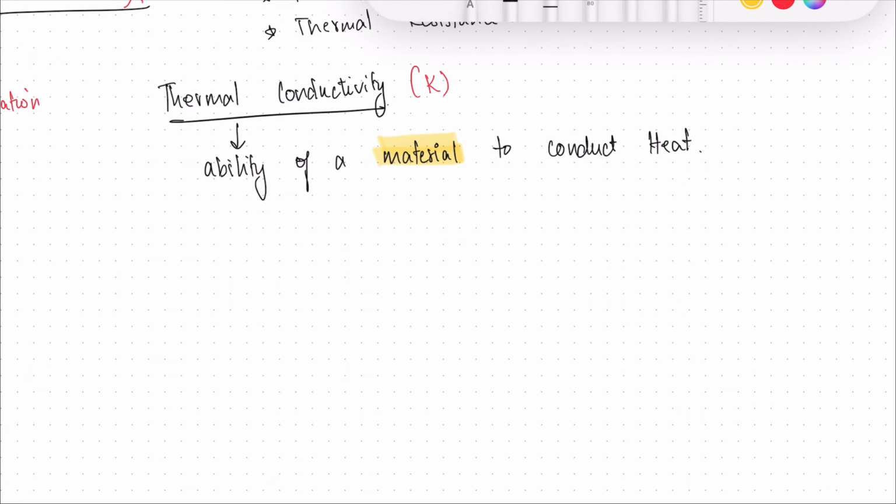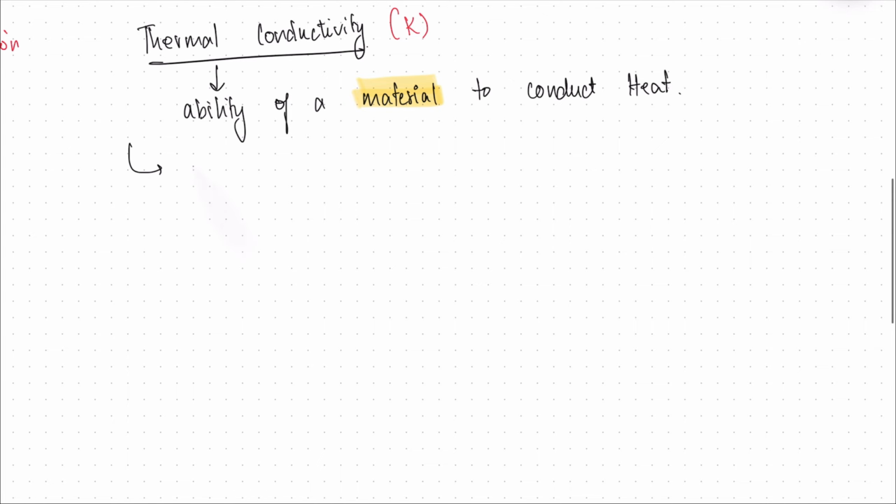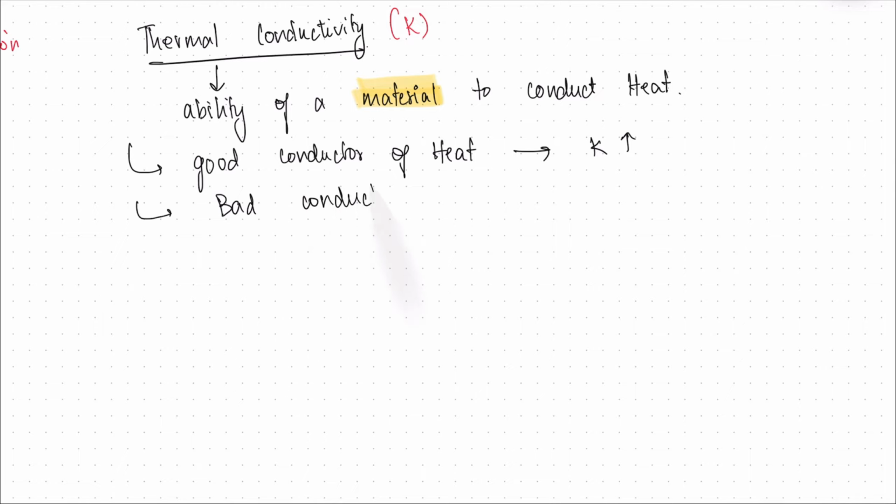So for a good conductor of heat, your K would be higher. And for a bad conductor of heat, your K would be lesser.